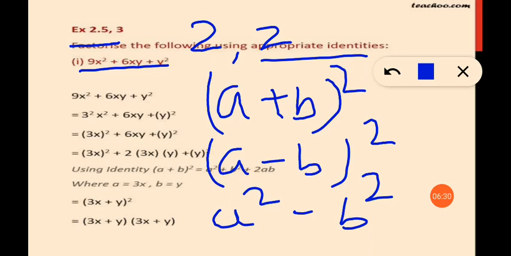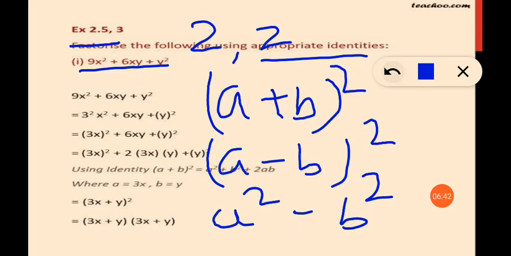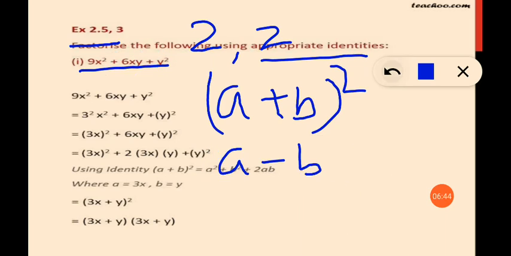The sign is plus and plus. So there is only the plus sign, which means we cannot use the other two because they contain a minus sign. So we are left with only one formula, that is (a + b)². Students, did you understand why we are not using the rest of the two formulas? Because they contain a minus sign, and in our question there is no minus sign.